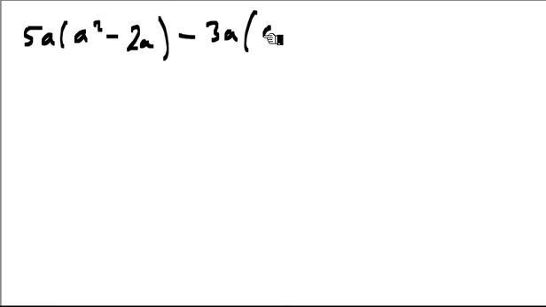How about 5a bracket a2 minus 2a bracket minus 3a bracket a2 plus 2a.